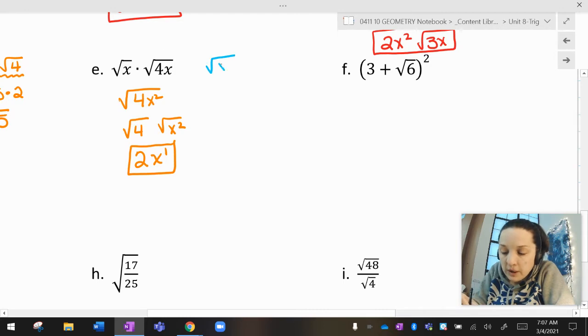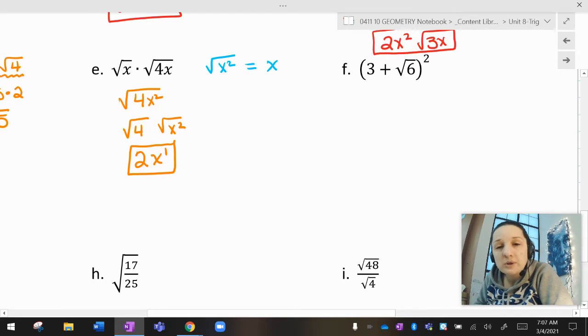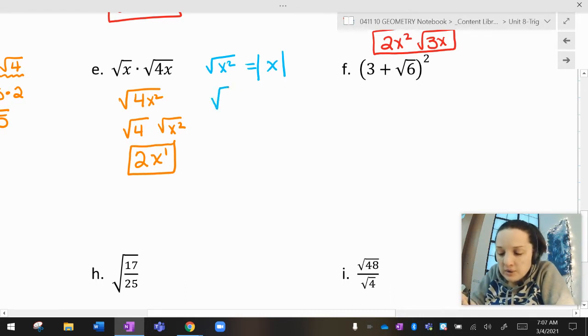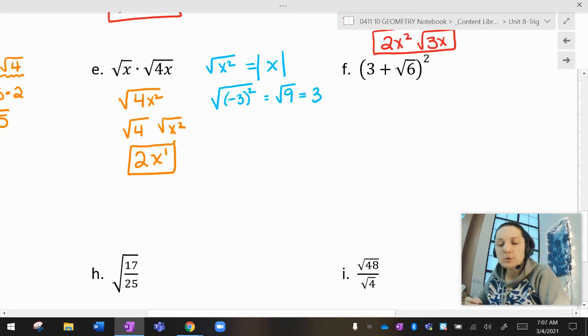We've been doing things like the square root of x squared is x, that you divide the exponent by 2. But technically, the square root of x squared isn't just x, it's the absolute value of x. The reason for that is, what if I did the square root of -3 squared? Well, -3 squared is 9, and the square root of 9 is 3. In other words, by square rooting -3 squared, I got +3.